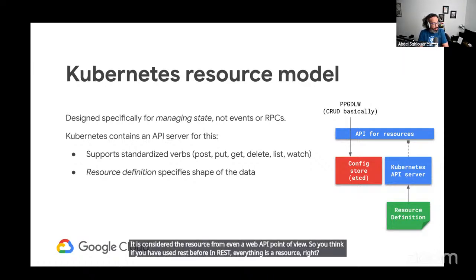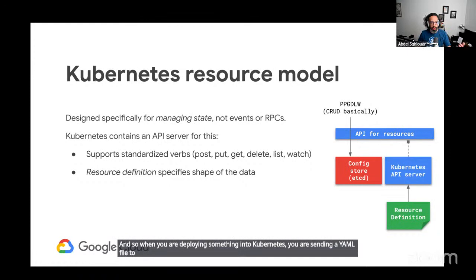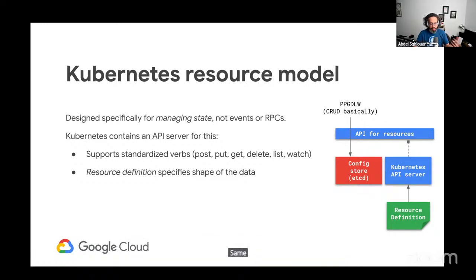So when you are deploying something into Kubernetes, you are sending a YAML file to the API server, which stores it in etcd using a put or a post, essentially. You send a post request to the API server, and in that post request, there is a resource. Same thing when you do a get, same thing when you do a list, etc.